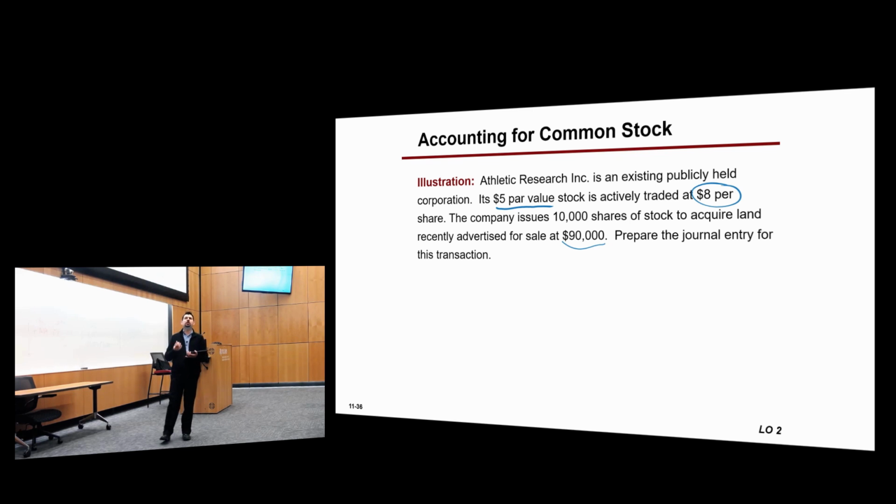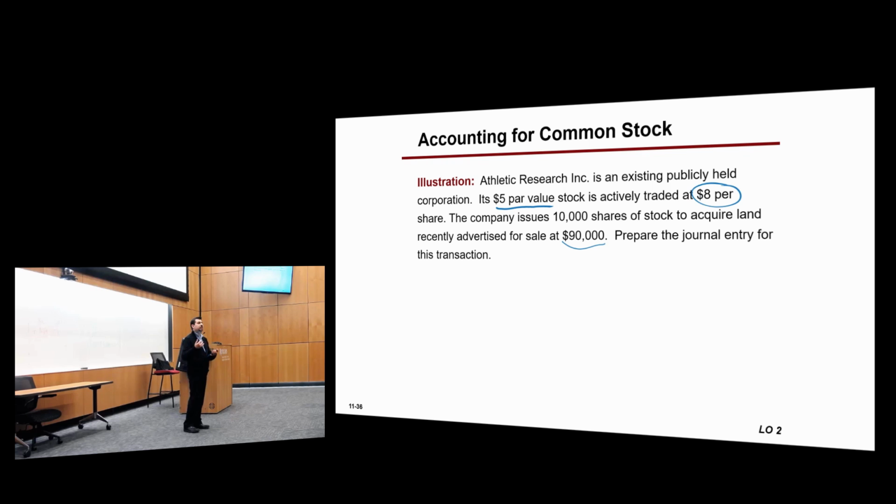This is the estimation of the value of land. If we did not have a better determinant of the cost of land, then you would use 90,000. In this case, you know for sure that their stock was traded on the market. In other words, they know that the value of those 10,000 shares is 80,000. That would be the cost.